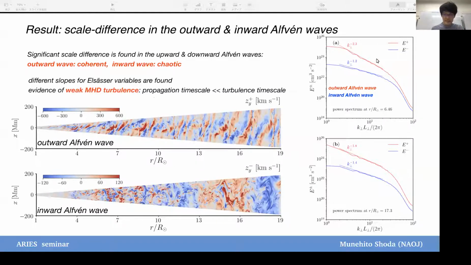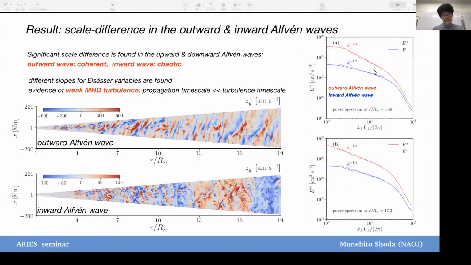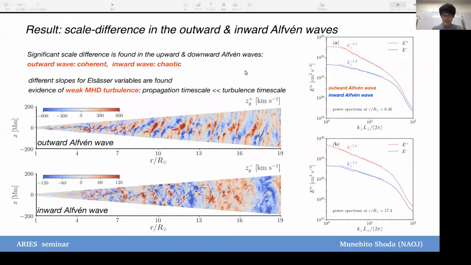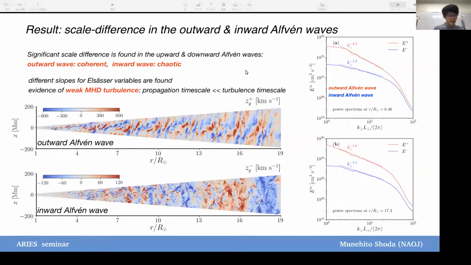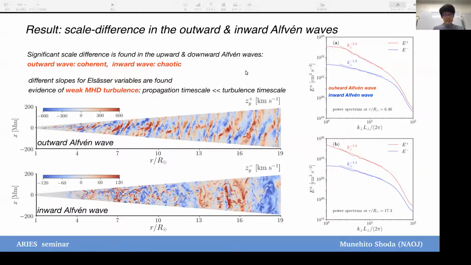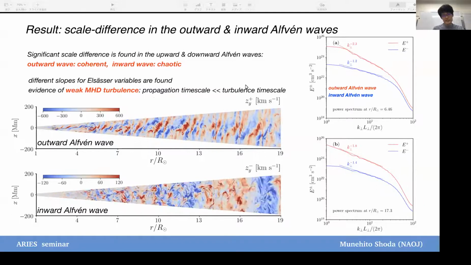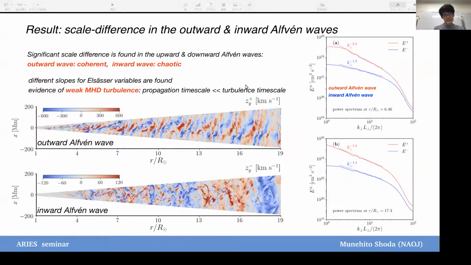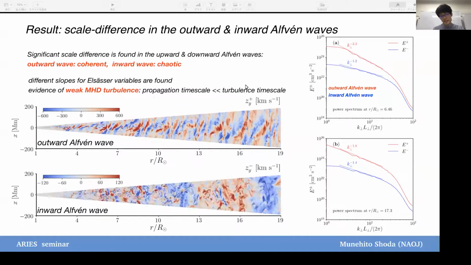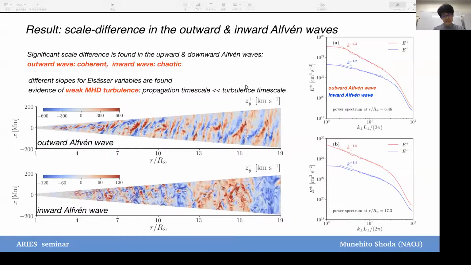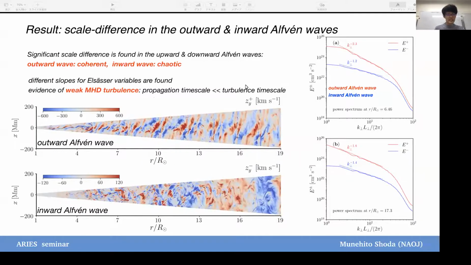And this spectral difference is actually consistent with the theory of weak MHD turbulence. What I mean by weak MHD turbulence is turbulence in which the propagation timescale, or linear timescale, is smaller than the turbulence timescale. So it is just weakly nonlinear turbulence.